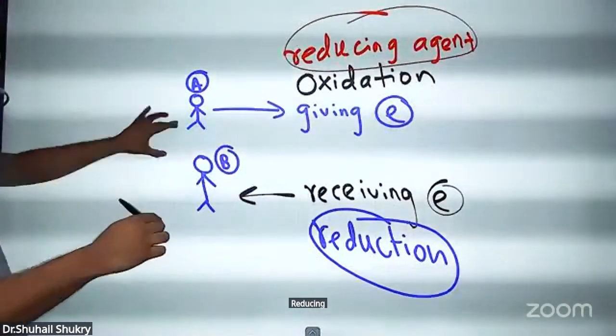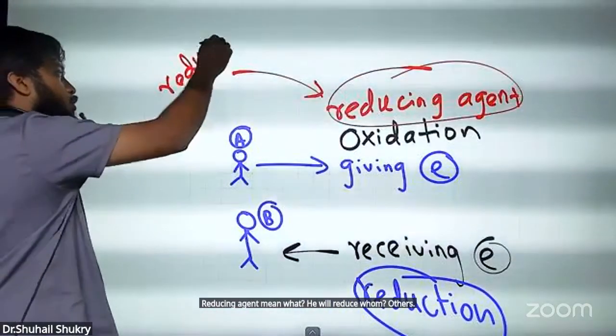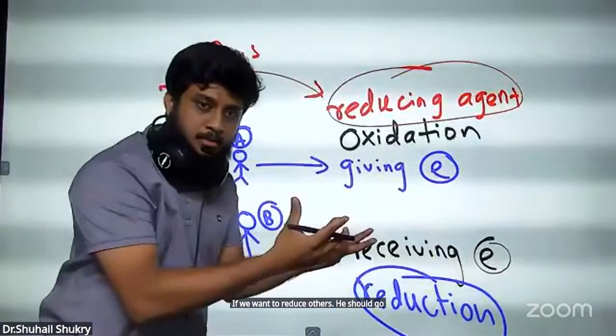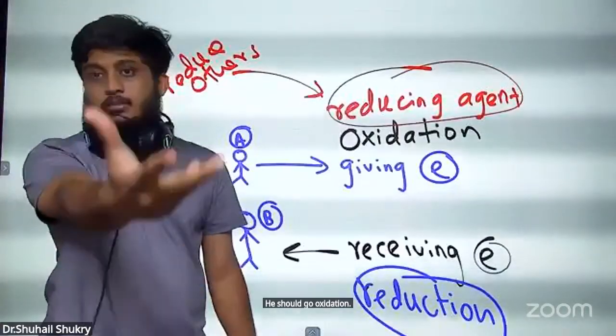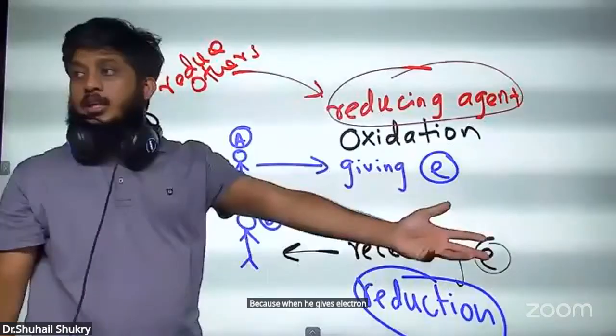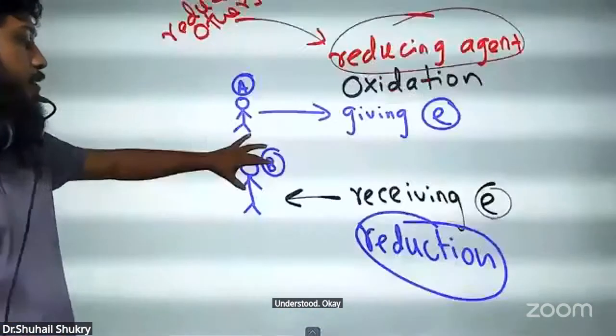If he wants to reduce others, he should go under oxidation. When he gives electrons, others will come and take them. Understood?